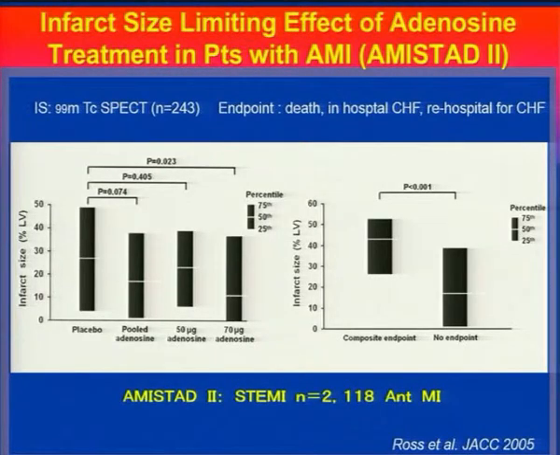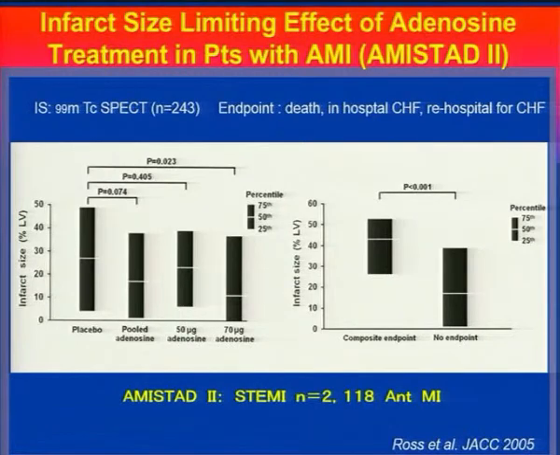And a trial was conducted, the AMISTAD-2 trial. This included 2,000 anterior myocardial infarction patients in the acute phase, and gave adenosine 50 micrograms or 70 micrograms in the acute phase after reperfusion. With the larger dose of 70 micrograms, infarct size is decreased in comparison with placebo.